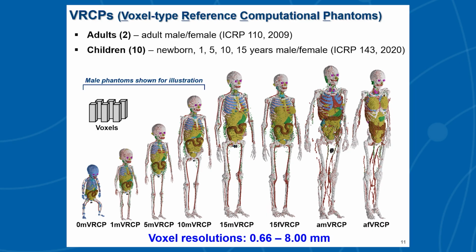Although these reference voxel phantoms have been beneficially used for the calculation of the reference dose coefficients for the current ICRP 103 recommendations, they still have some limitations due to the voxel resolution being limited to millimeters.